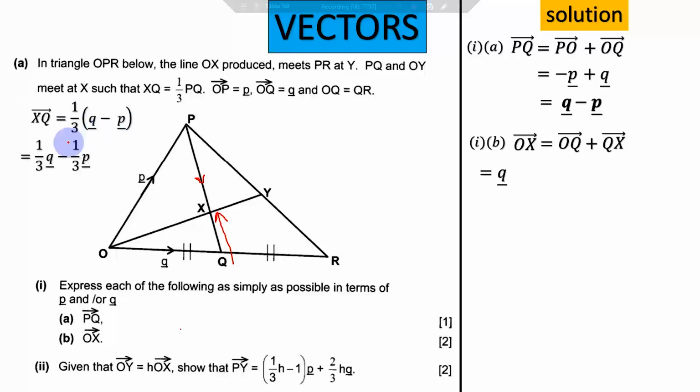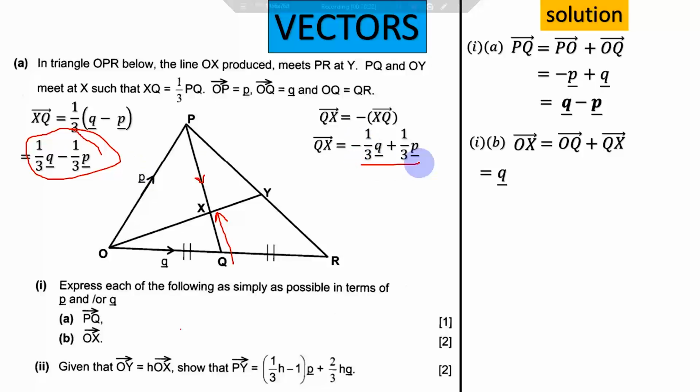So multiplying that, we'll have 1 over 3Q minus 1 over 3P. Then QX will be the opposite of this, meaning you multiply that with a negative. So multiplying with a negative, we get positive 1 over 3P, and the positive 1 over 3Q will be a negative. This is our QX after multiplying a negative to XQ.